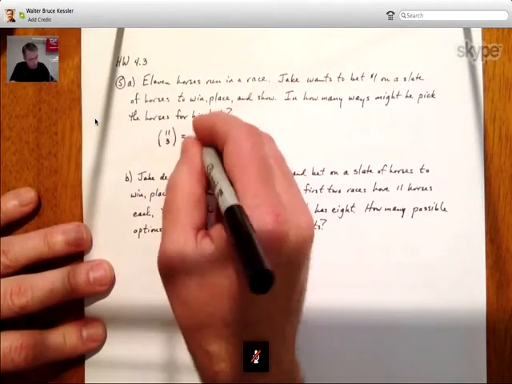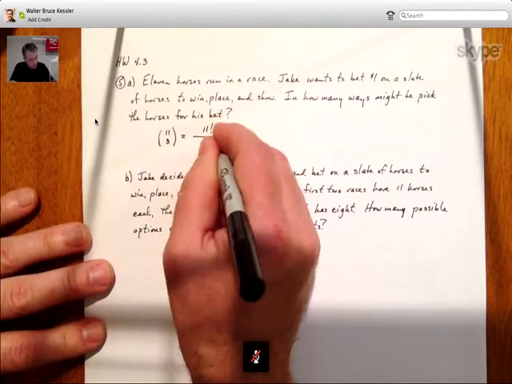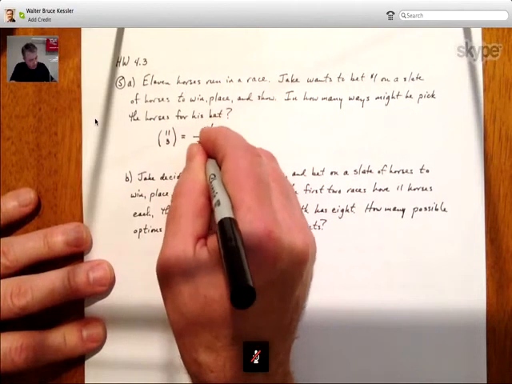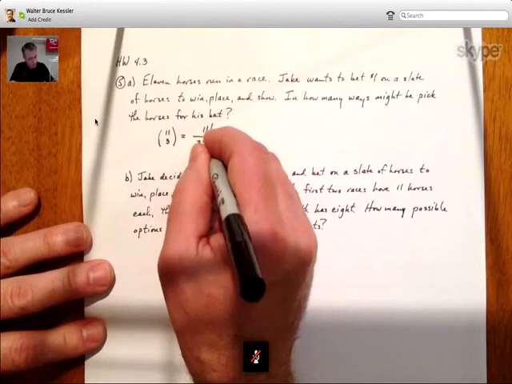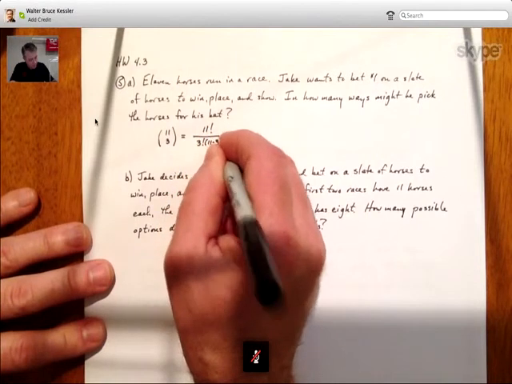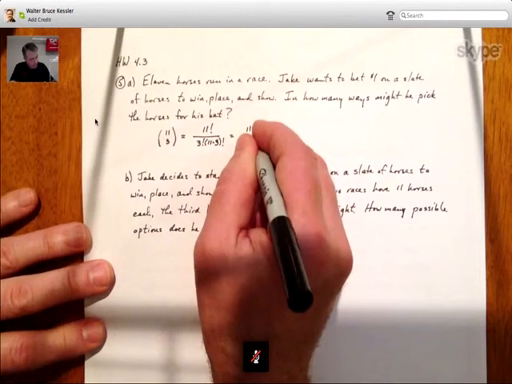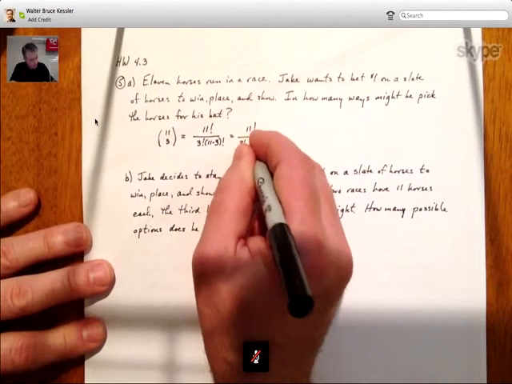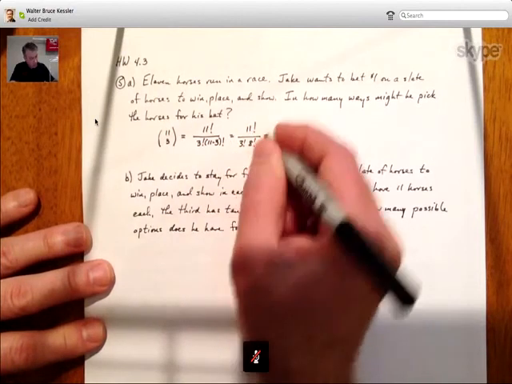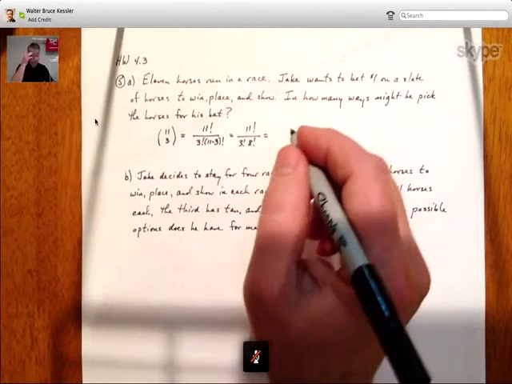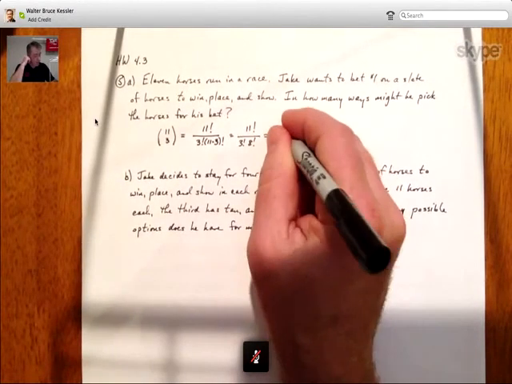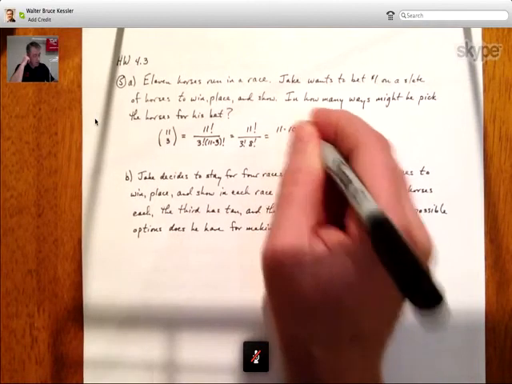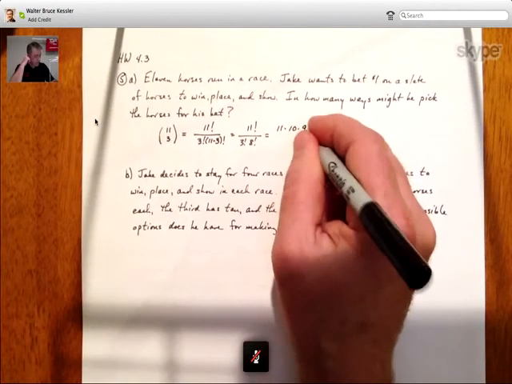So the arithmetic on this is 11 factorial over 3 factorial, and then 11 minus 3 factorial. I'll go ahead and write it out. So this is 11 factorial over 3 factorial and 8 factorial. To do the calculation, you can either use a button on your calculator or get rid of the 8 factorial.